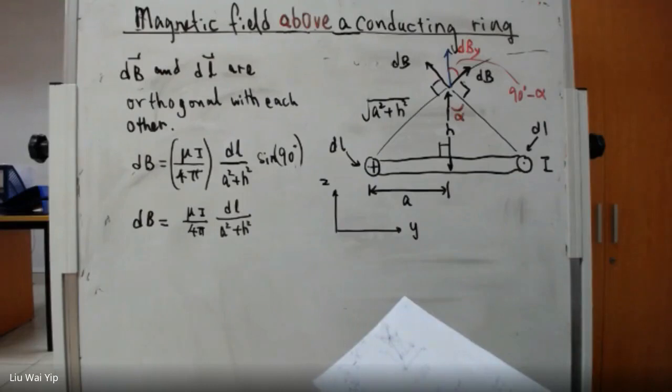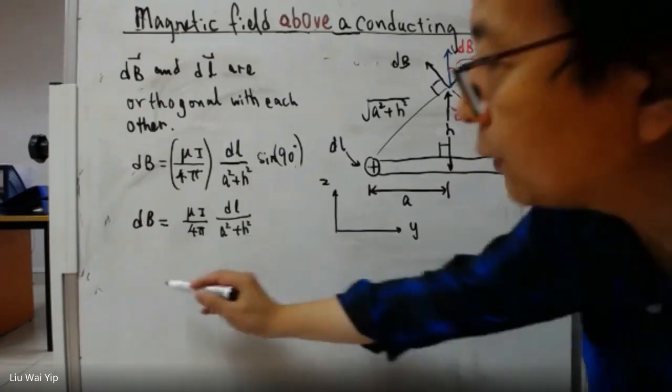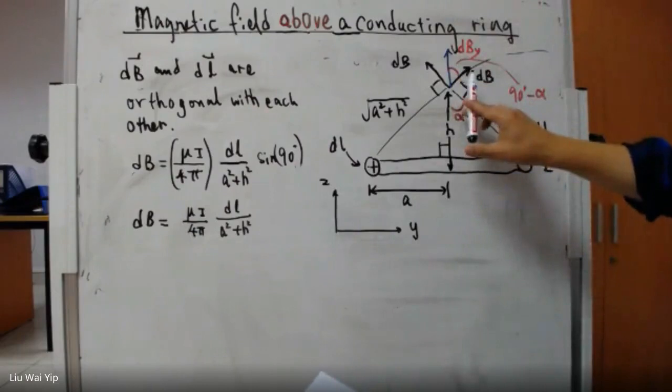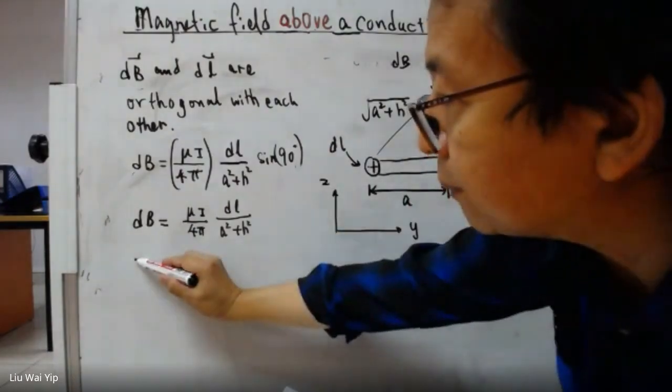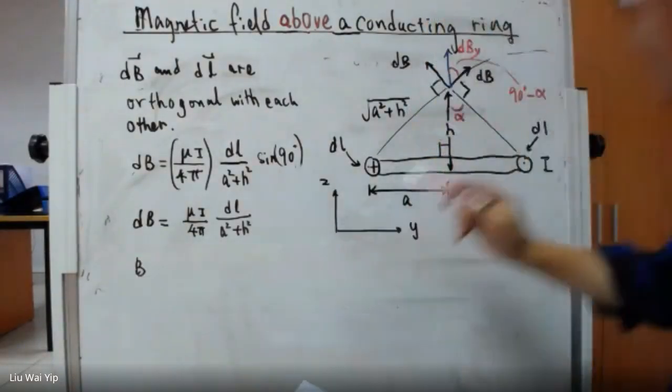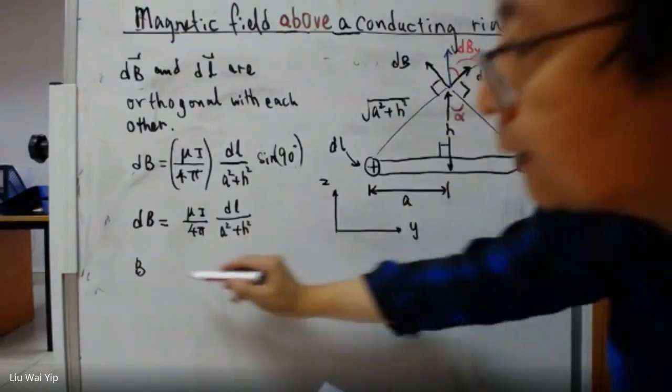So we are now going to work out the total magnetic field B, which is pointing this way.